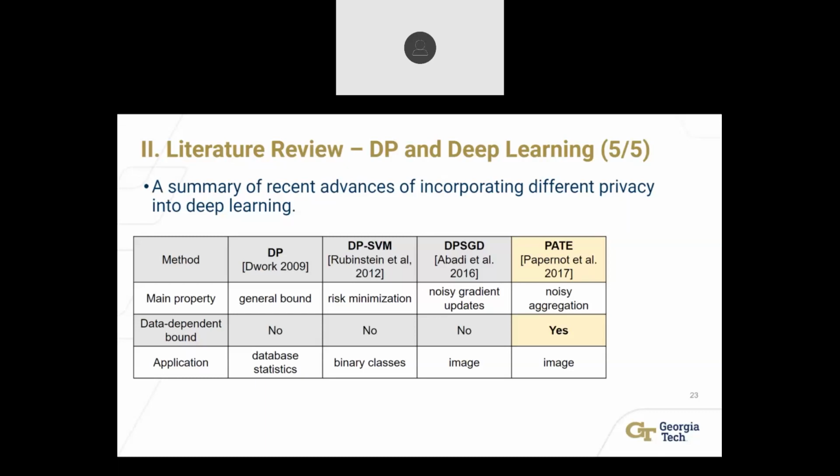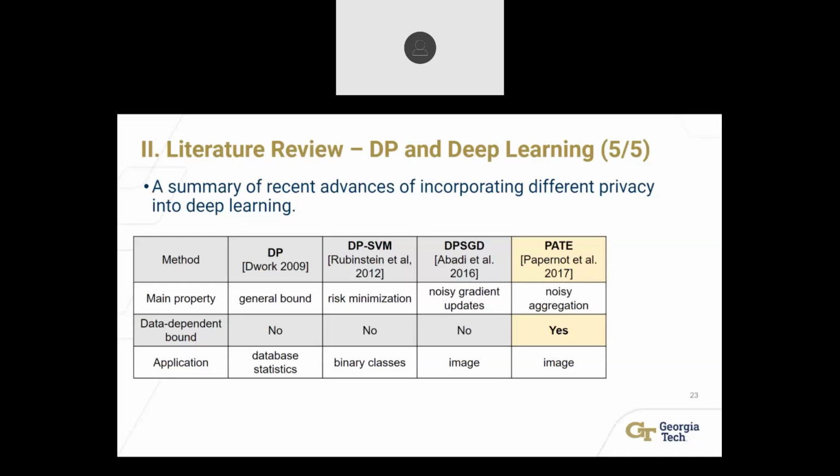Finally, with DPSGD, people start to look at privacy as a thing behind the GDPR, and then we have noisy gradient updates. But the problem is they don't really have a data-dependent update, and the application of DPSGD is ImageNet. And for PATE, they further incorporate this property through noisy aggregation.